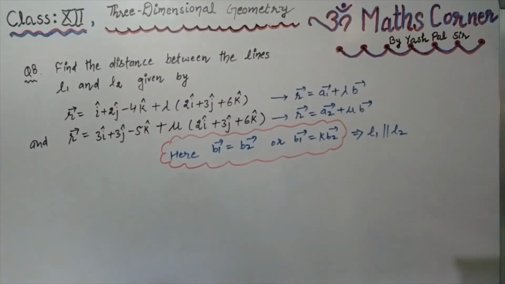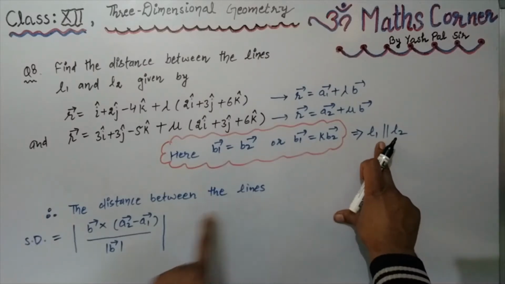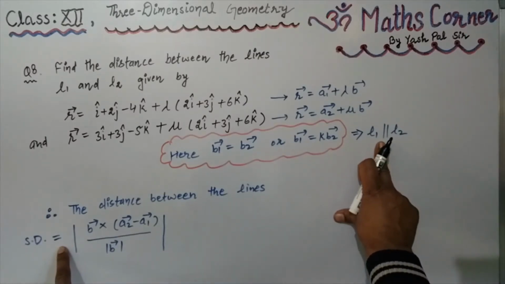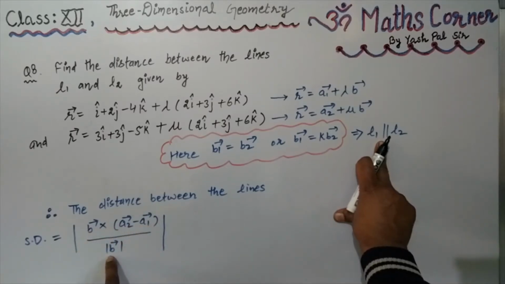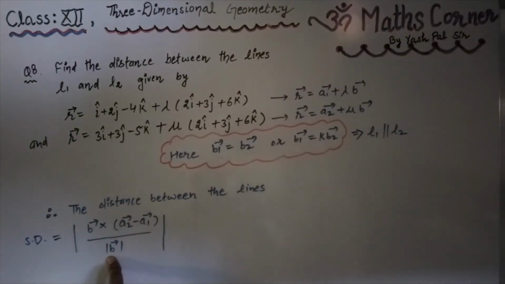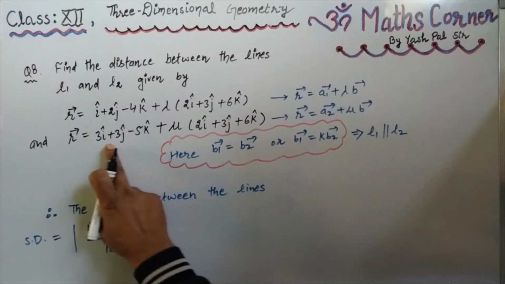So we just write b in place of b1 and b2. Here we find the distance between these lines. The formula for the shortest distance between parallel lines is the modulus of vector b cross (a2 minus a1), divided by the magnitude of vector b.